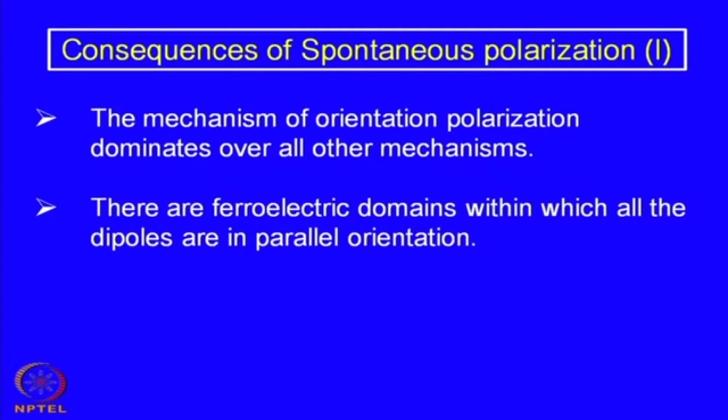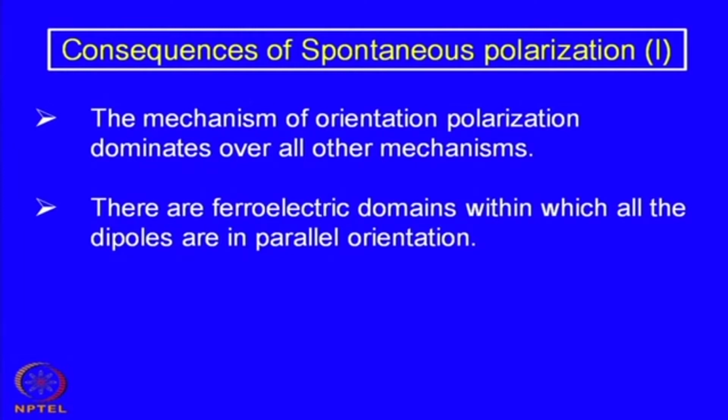Individual unit cells or dipoles are not completely random, but have a certain amount of ordering within a certain area, and these are called domains. Within those domains the dipoles are parallelly oriented, and therefore they have a net polarization.